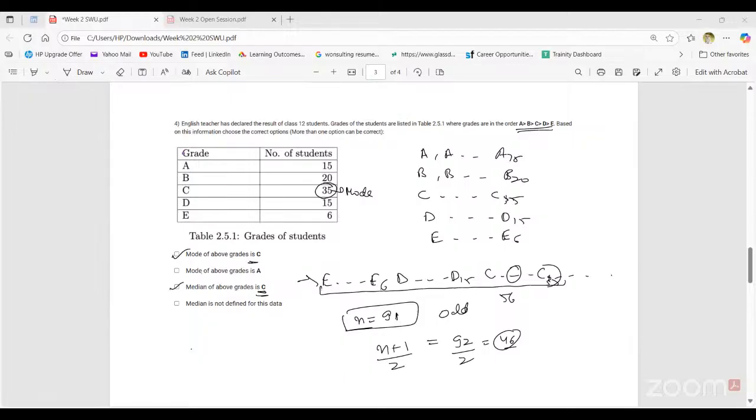So question 4 and 5 are clear to everyone for practice assignment 2.2? Yes or no?